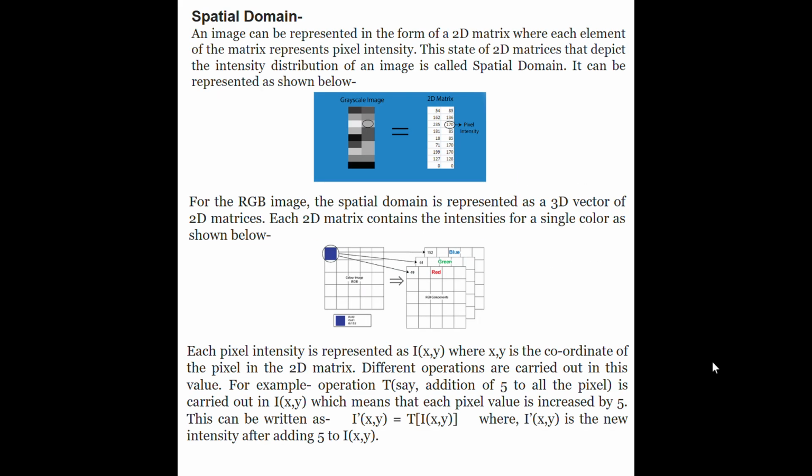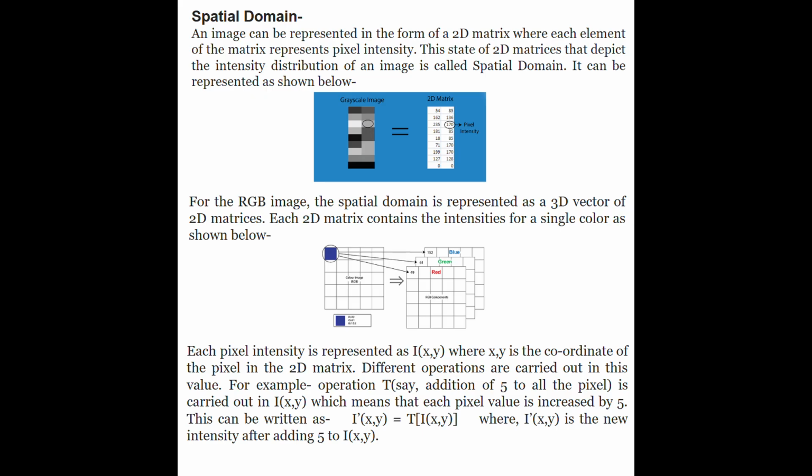Let us just recap what we have studied in the earlier unit under image enhancement in the spatial domain. As you know, an image can be represented in the form of a 2D matrix, where each element of the matrix represents the intensity of a particular pixel. This 2D matrix shows you the intensity distribution of the complete image, which is called the spatial domain.